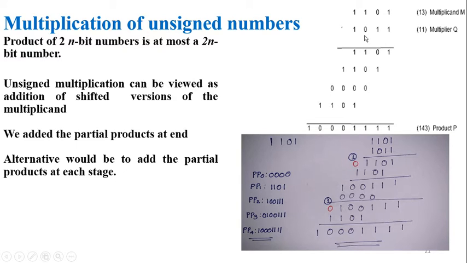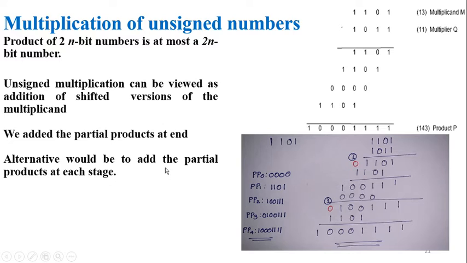While multiplying with 0, we write all zeros with proper left shift. And we add the partial products at the end in normal cases. This is the normal way of multiplication. Here we generate different partial product values and at the end we add them column wise and generate the final product of multiplication.